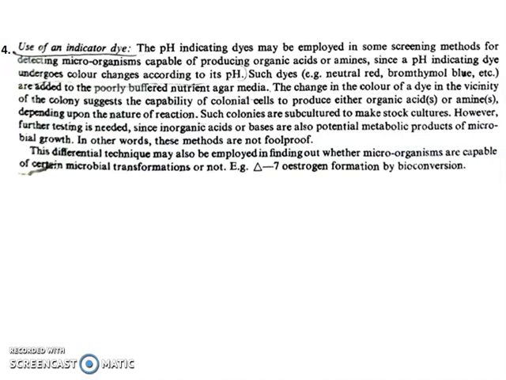You will get a blue color or red color depending upon the dye you are using. That is called dye as an indicator. You add a dye into the media, and once the pH changes, there is a color change. By visual confirmation, you can find out whether your microorganism is producing acid or amine.